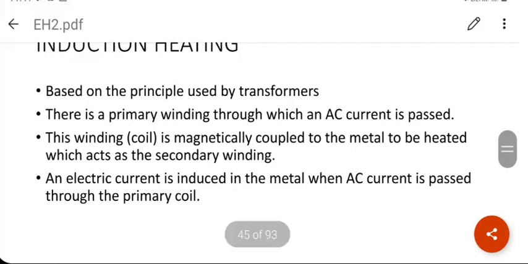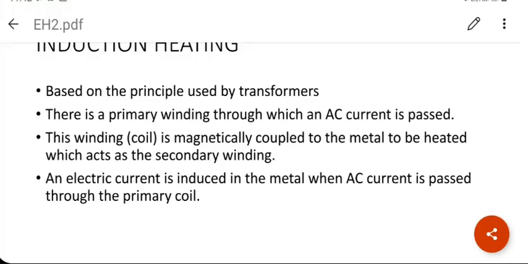Yeah, it is the transformers. Theory is the same for induction heating as we saw in transformers. There will be a primary winding through which an AC current will be passed. This winding will be magnetically coupled to the metal that you want to heat, and that metal can be called secondary winding. A metal is short circuited, so secondary is short circuited, which is what we saw for induction motors also, especially squirrel cage type induction motor.